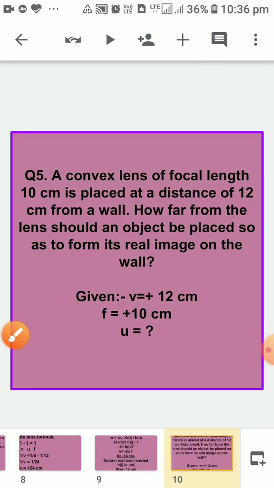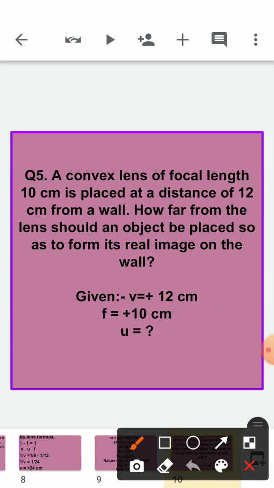Next numerical: a convex lens of focal length 10 centimeters is placed at a distance of 12 centimeters from a wall. How far from the lens should an object be placed so as to form its real image on the wall? Now in this question, the given part is V is plus 12 centimeters.